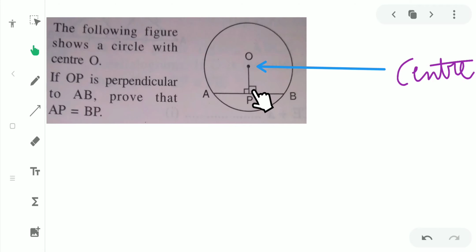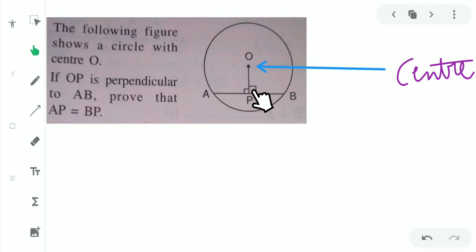So we'll be joining here and making two triangles over here, and we have to prove their congruency. So what is the construction? We are having join OA and OB.